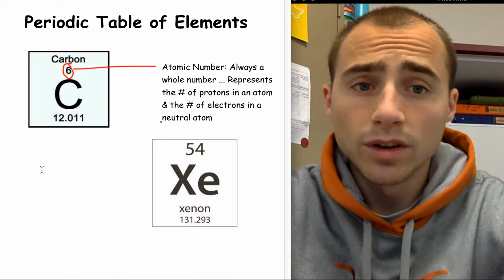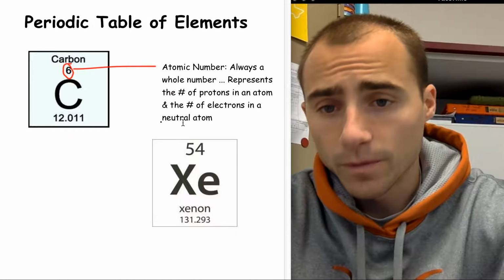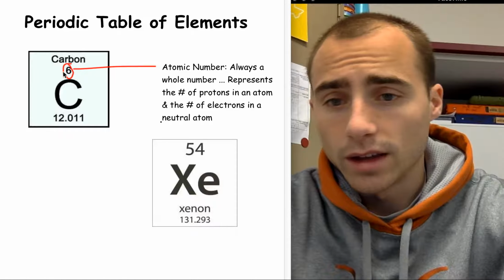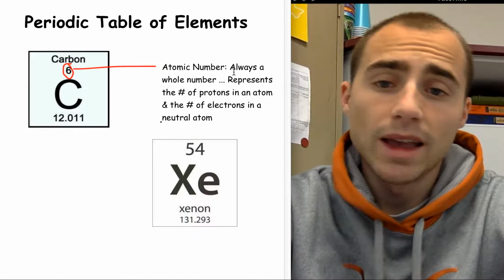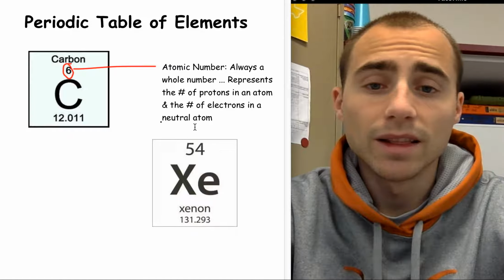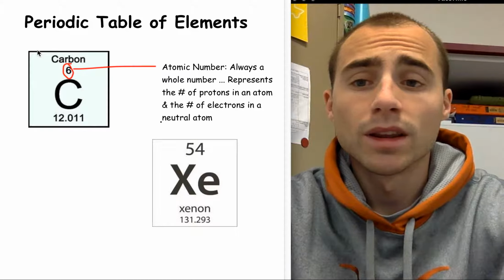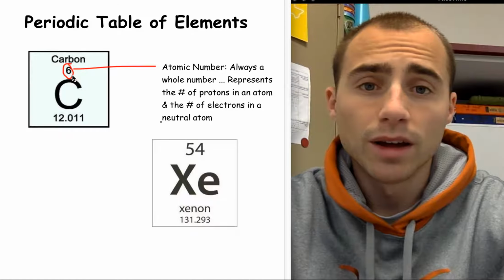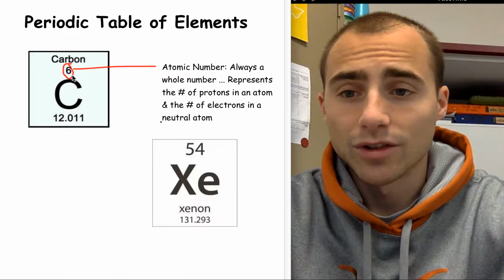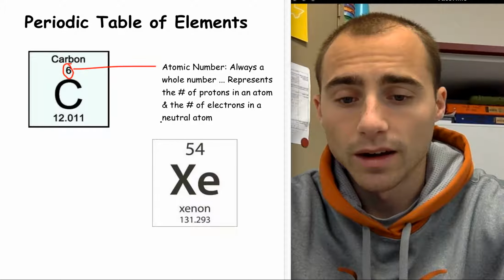We'll get more into neutral atoms versus ions later on, but just for your information now: atomic number, always a whole number, and is equal to the number of protons in an atom and the number of electrons in a neutral atom. So in a neutral atom of carbon, we would have 6 protons and 6 electrons. So that is what our atomic number does for us right there.